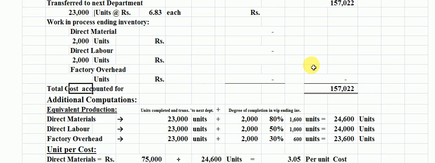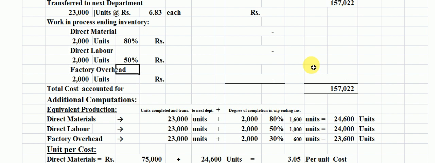The degree of completion is 80%, 50% and 30%. 80% as a material, 50% as a labor, and 30% as a factory overhead here.